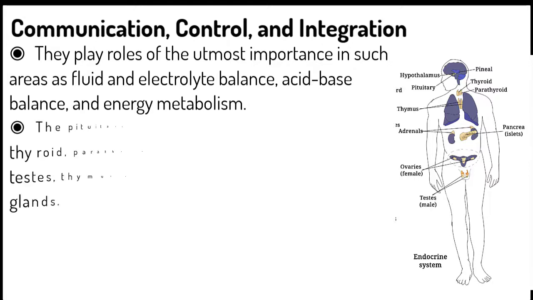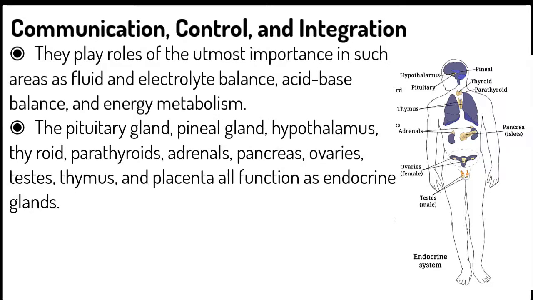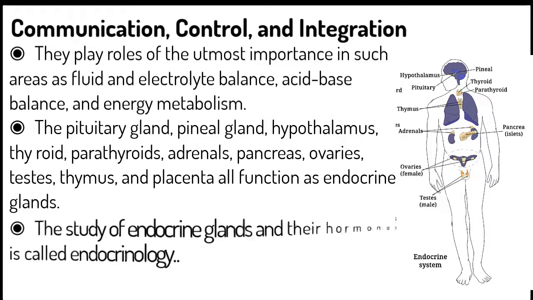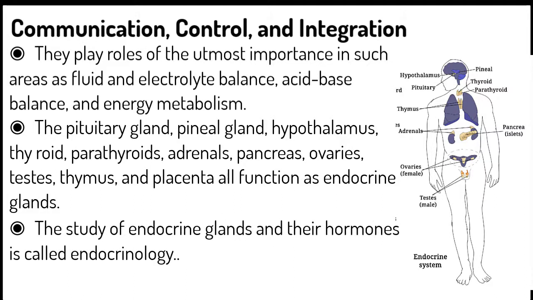The pituitary gland, pineal gland, hypothalamus, thyroid, parathyroid, adrenal, pancreas, ovaries, testes, thymus, and placenta all function as endocrine glands. The study of endocrine glands and their hormones is called endocrinology.